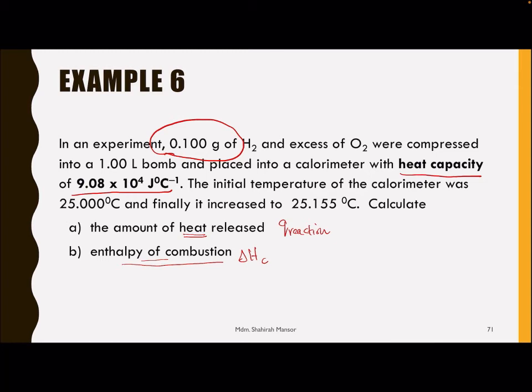But now in this question, we burn 0.1 gram of the sample, which is not equal to 1 mole. Is that really so? Is this 0.1 gram not equal to 1 mole? You have to calculate the number of mole of the hydrogen gas.